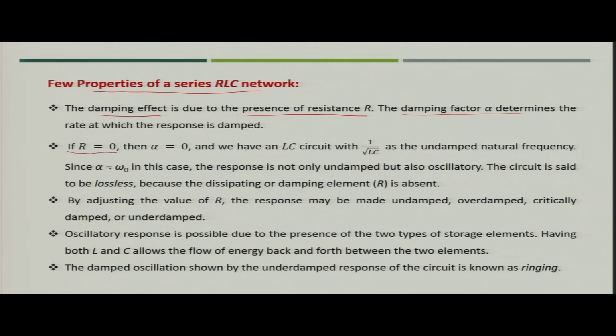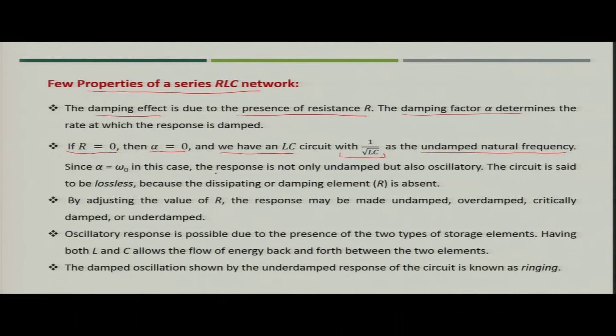When alpha is equal to 0, meaning R is equal to 0, we have a pure LC circuit, and in that case we have only omega naught, that is 1 by root LC, because alpha is 0. This is nothing but the undamped natural frequency.